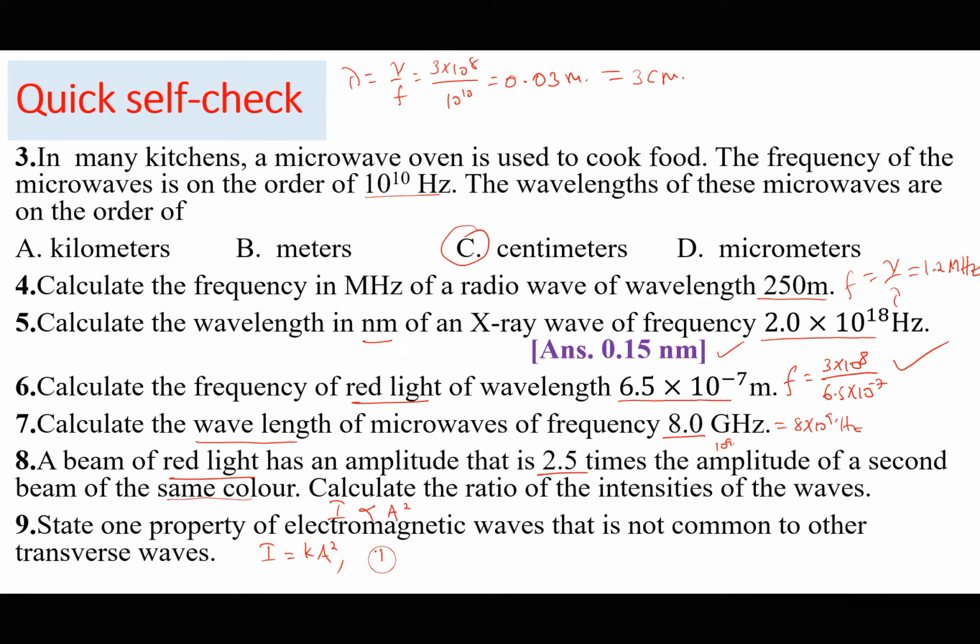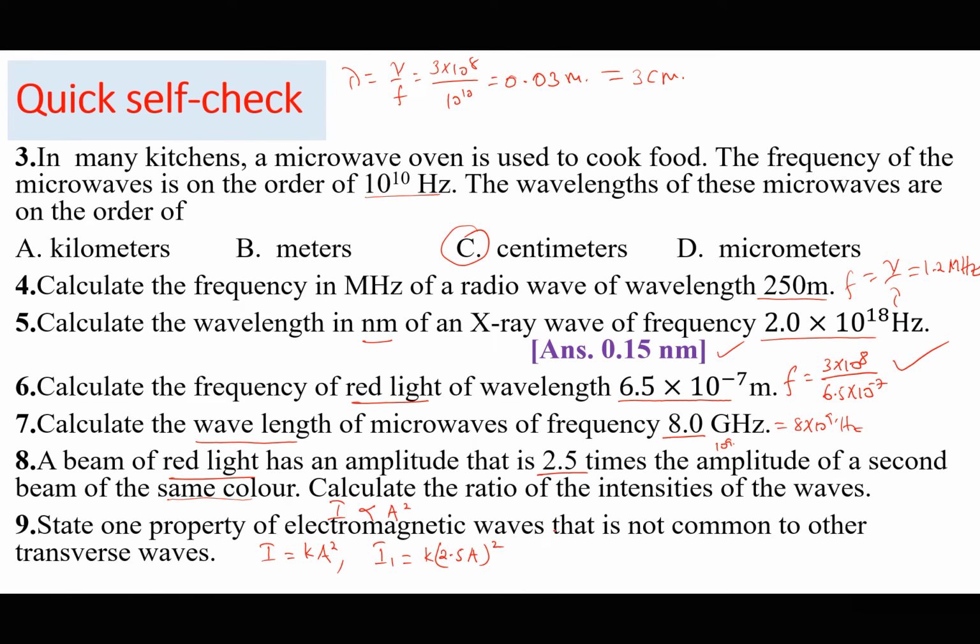For the first, I1 is going to be K, and its amplitude is 2.5 times A, but this should be squared.